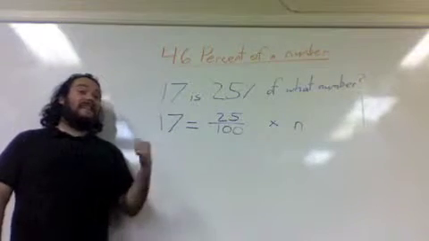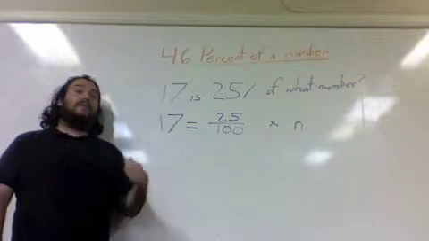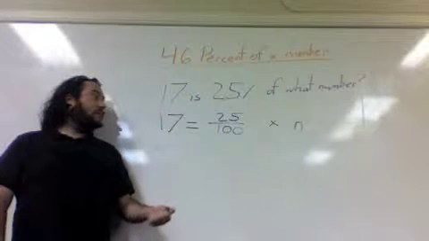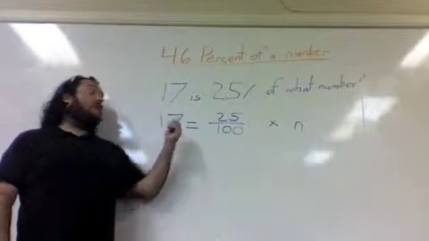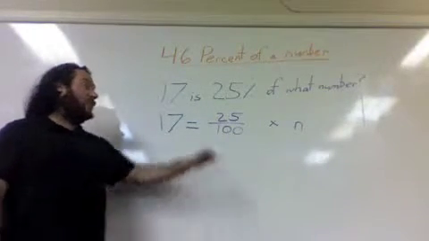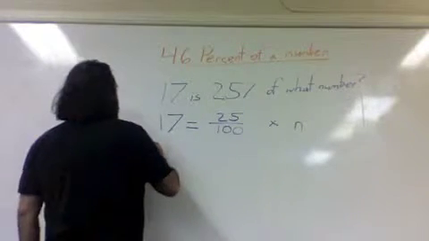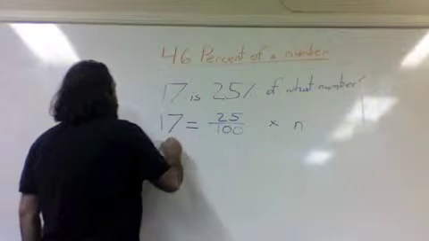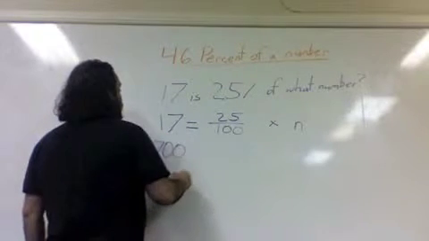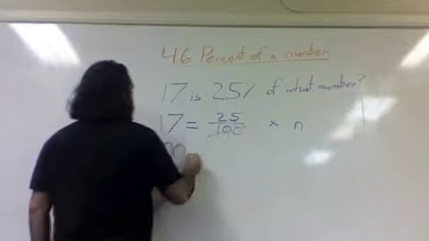We're going to solve this the exact same way we solved yesterday's problems. We're going to start by multiplying both sides by 100. That'll get rid of this fraction. So when we multiply both sides by 100, we get 1,700. Our 100 crosses out.